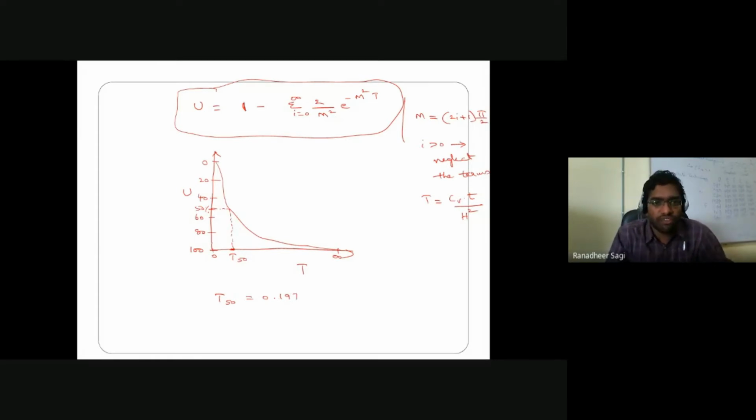And similarly, for 90% degree of consolidation also, they have seen that the corresponding time factor value is more or less a standard value, and we represent it as T90, and this standard value is nothing but 0.848.